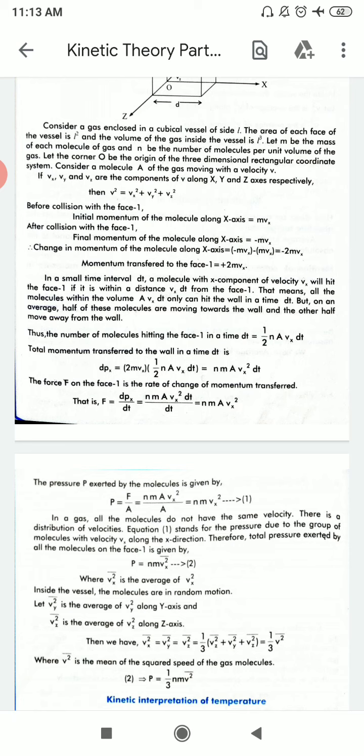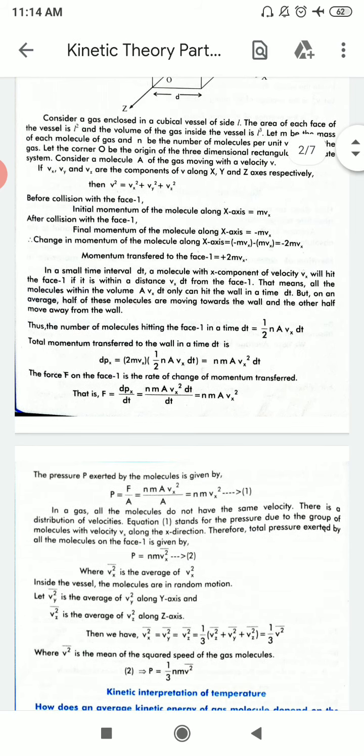So half the molecules are moving towards the wall and half are moving away from the walls of the container. Thus, the number of molecules hitting face 1 in the time dt is half n A Vx dt.